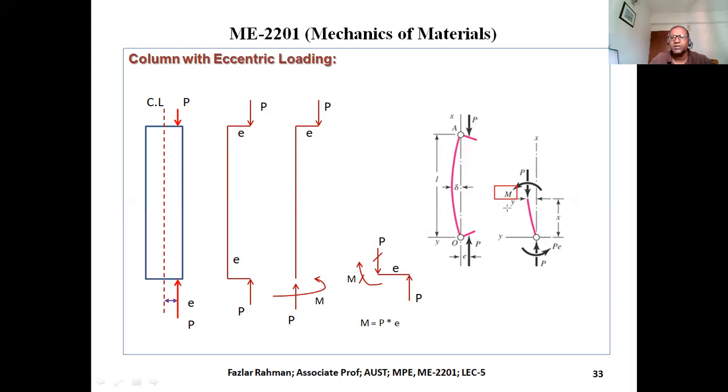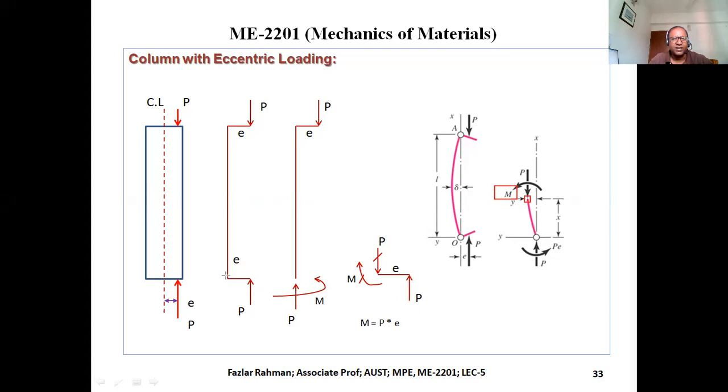And if you take the bending moment at this point, you will get M equal to minus P into, no, P plus P into y. We already wrote it over here.